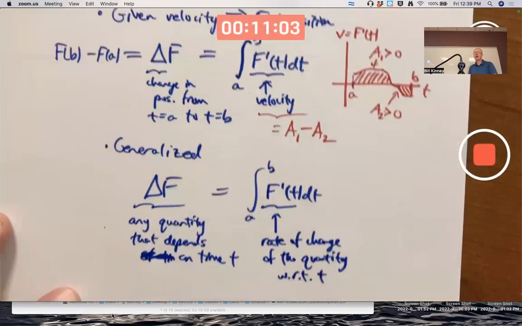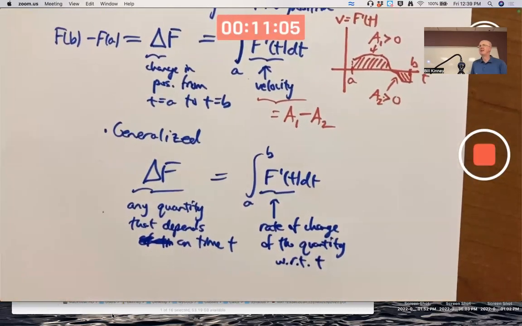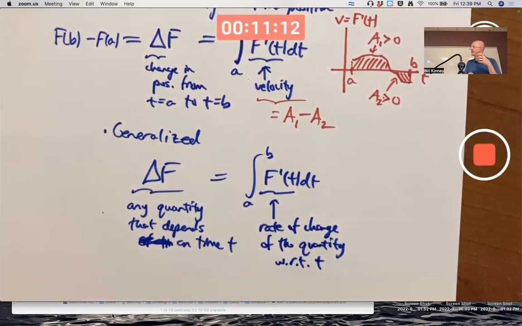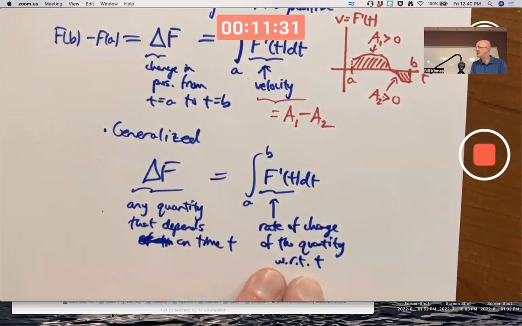For example, I think the main other example we did here was imagining water flowing into a tank and, say, also draining out of the tank. The quantity of interest is the volume, in whatever units you want to use, cubic meters, for example, cubic centimeters, or liters. And the rate of change with respect to time might be in, say, liters per minute.